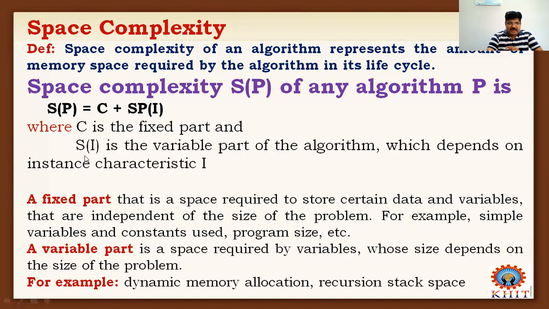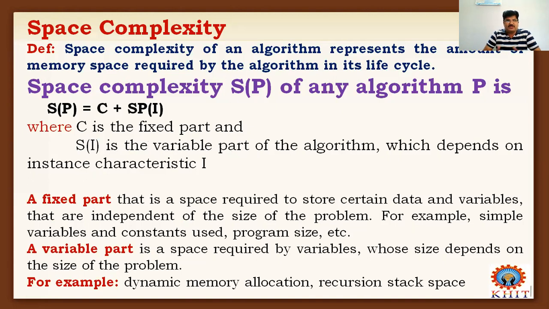Okay. So what is the variable part? Variable part in the sense the size of a variable or the size of an expression cannot be constant. It may vary based on the situation. So let us talk about an example, a for loop. Consider a looping statement.